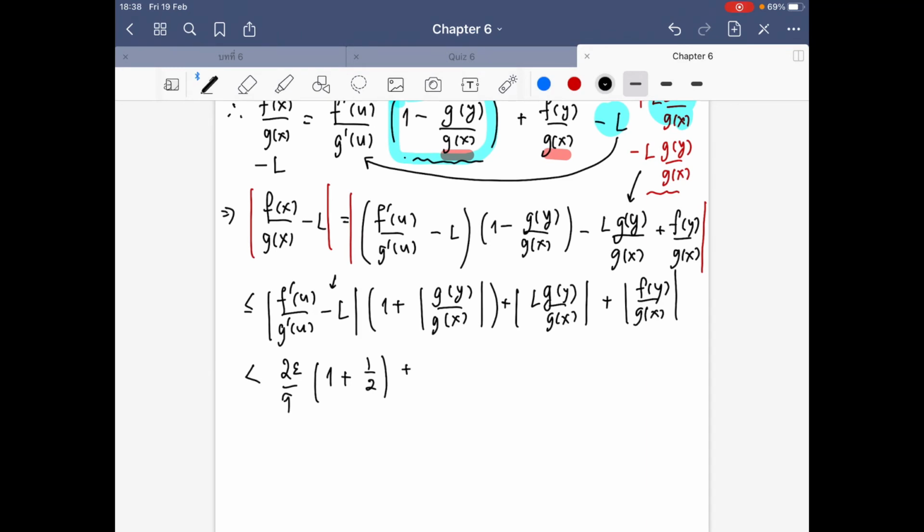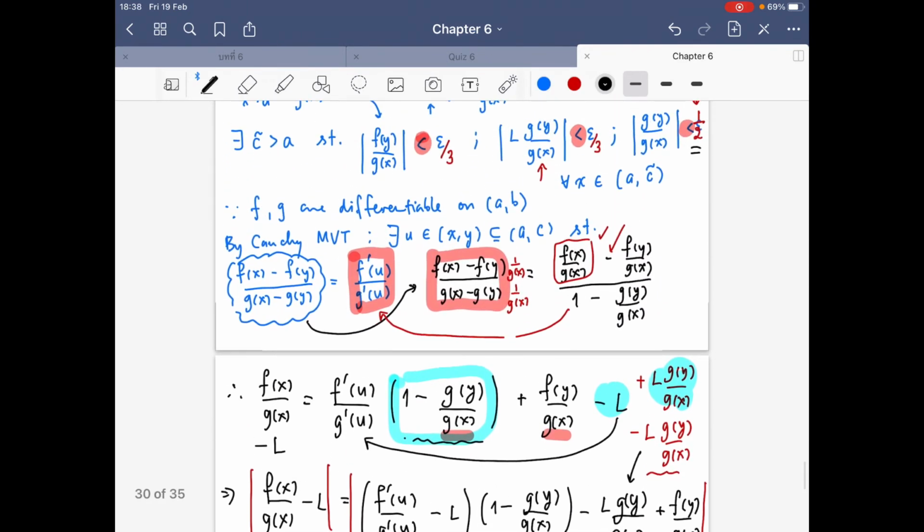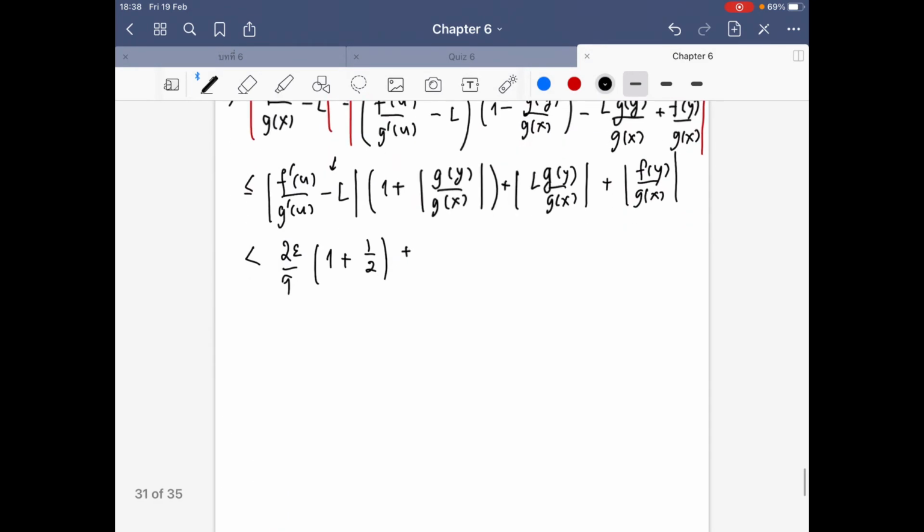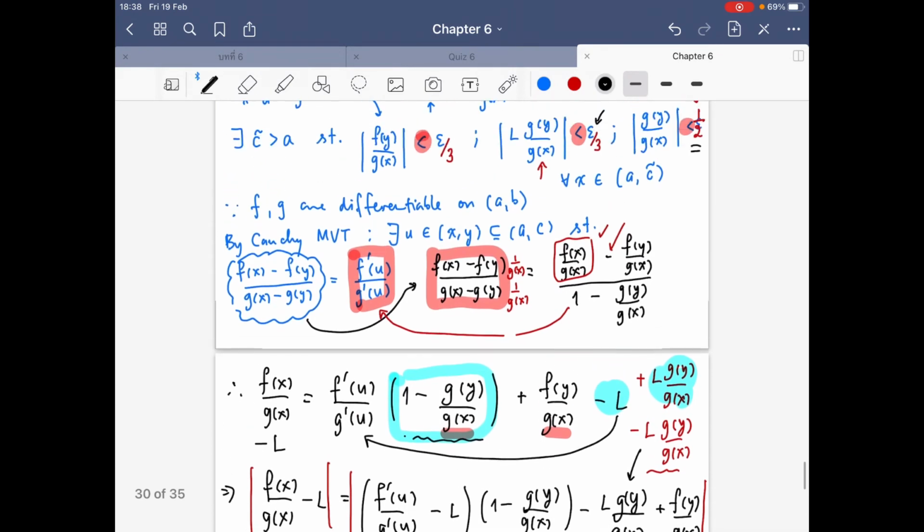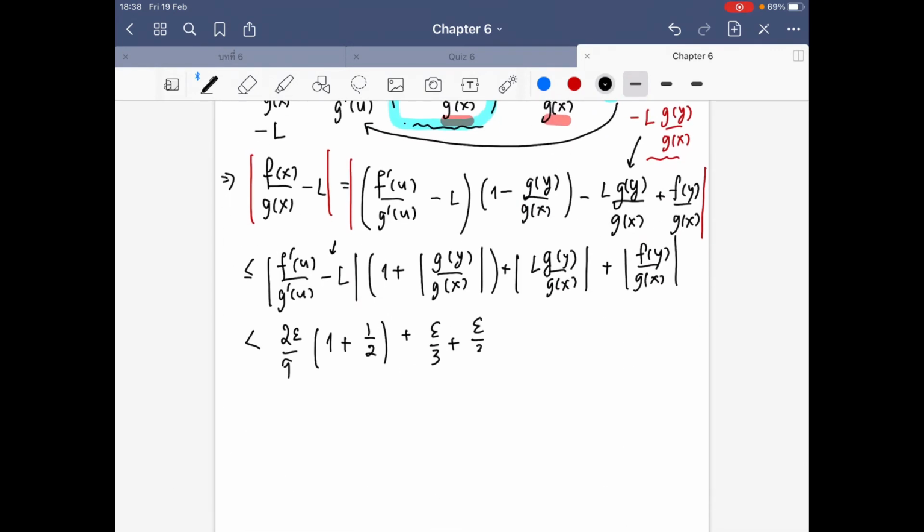The L with g(y) over g(x) is compared with epsilon over 3, and your f(y) over g(x) is also compared with epsilon over 3. So this one becomes 3 over 2, which will cancel with this 2 here, and the 3 will cancel with the 9. So you have epsilon over 3 three times, so you get epsilon at the end.